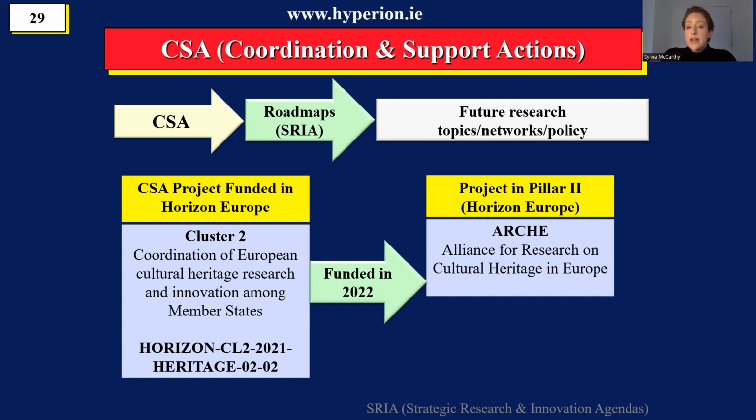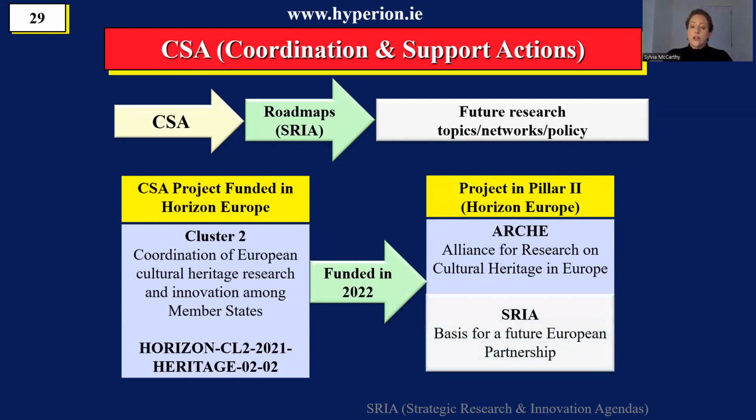And one of the expected outcomes for this project, as outlined in the work programme for Cluster 2 back in 2021, was an SRIA that would provide the basis for a future European partnership. So imagine analysing who's on that alliance, who's involved in that effective expert group, and is contributing to that SRIA. That's so much information.